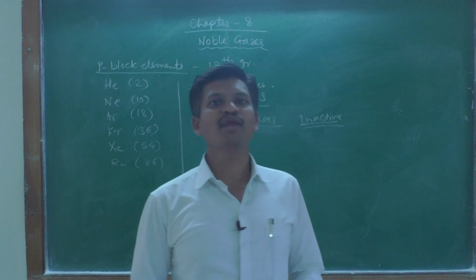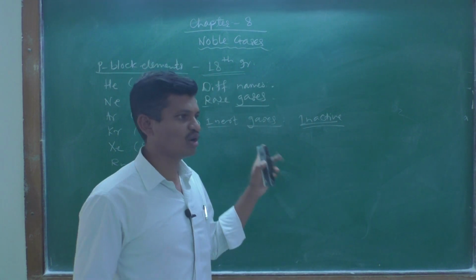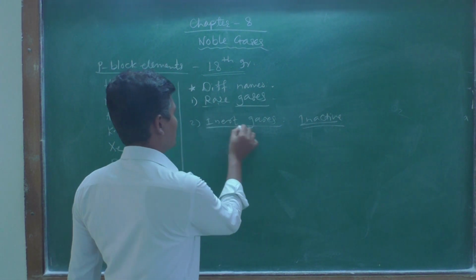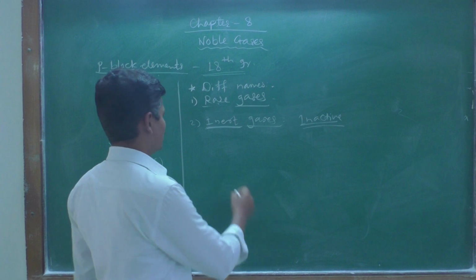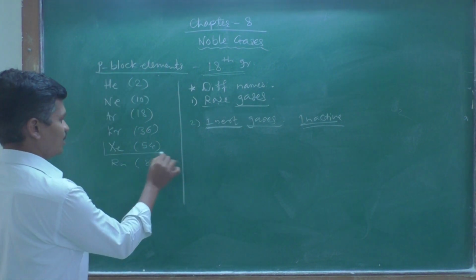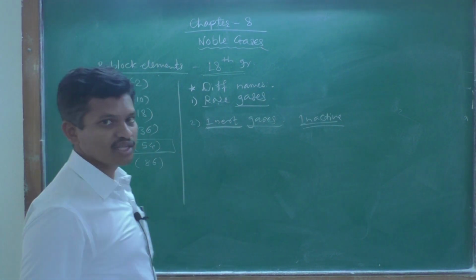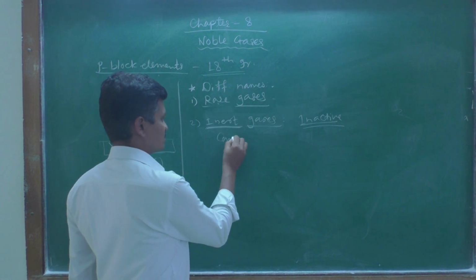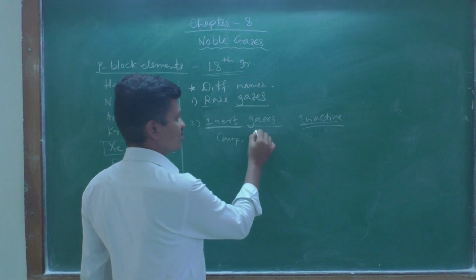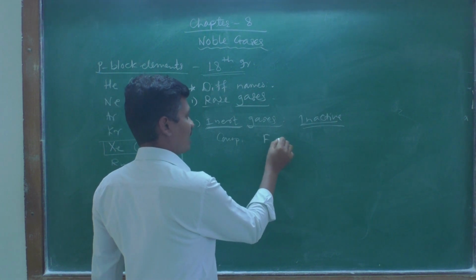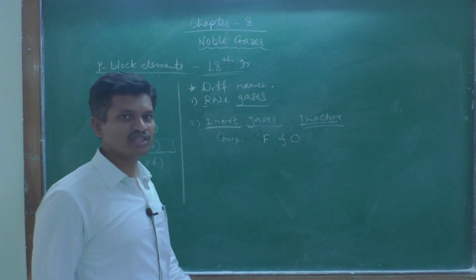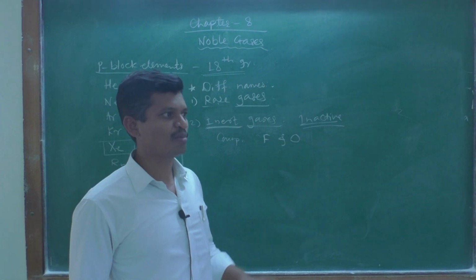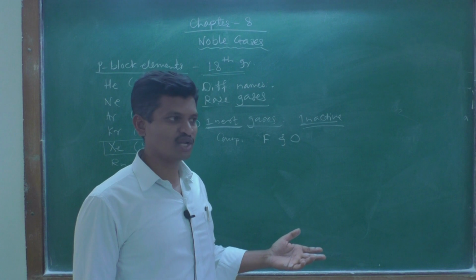But they are not totally inert, because the element xenon is capable of forming compounds with fluorine and oxygen, both of which are electronegative in nature and capable of ionizing the xenon element.